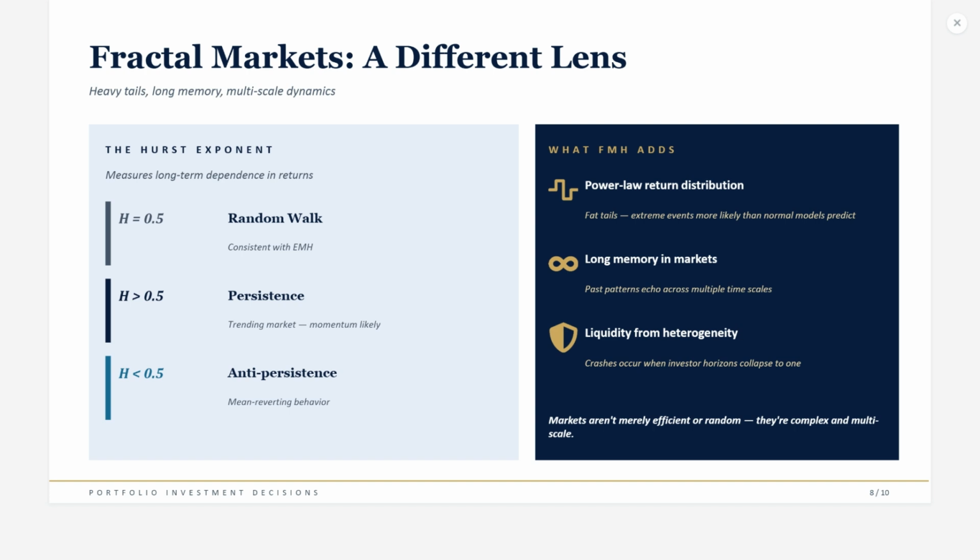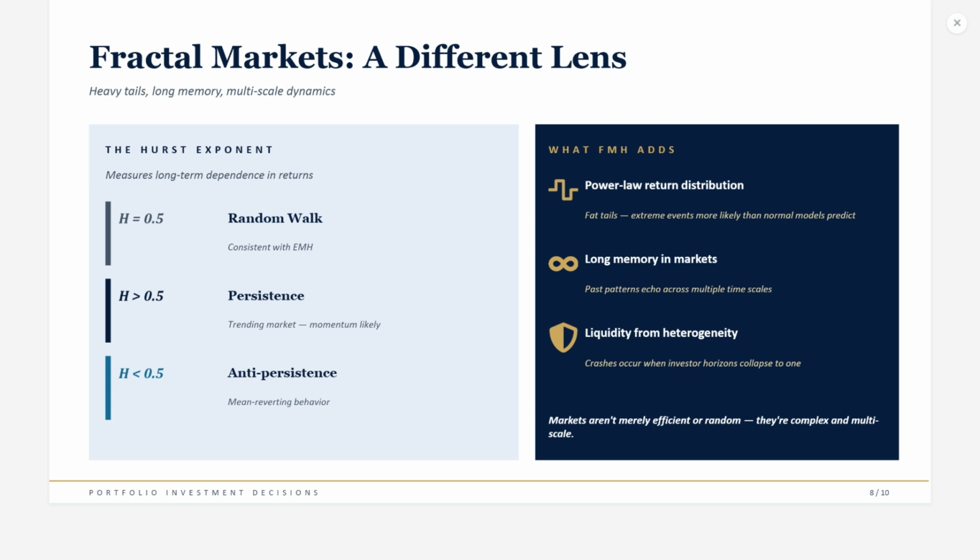It's persistent whenever it's more than 0.5, and whenever the H value is less than 0.5, it shows anti-persistence and mean-reverting behavior. Persistent behavior can be described as a trending or momentum-like market.